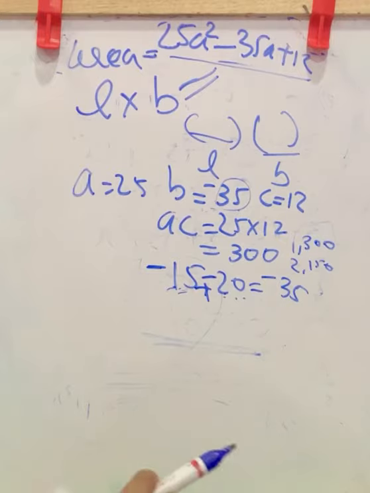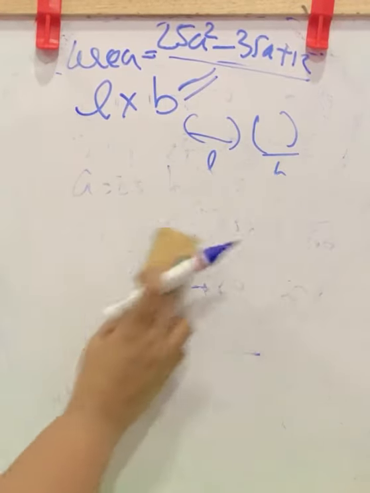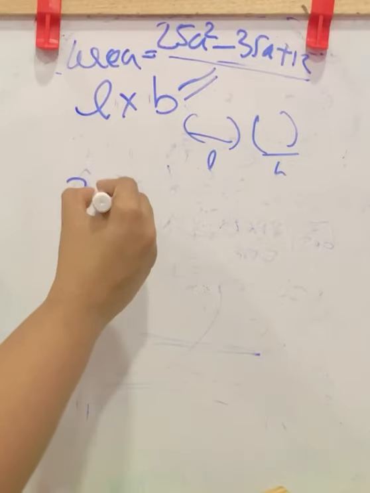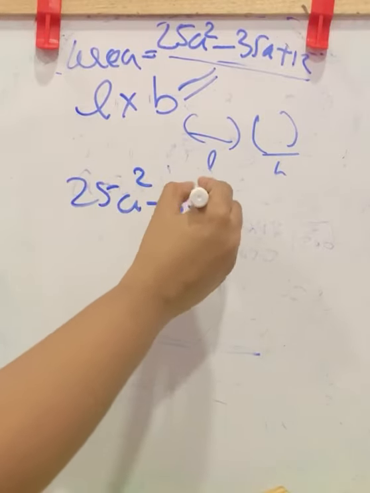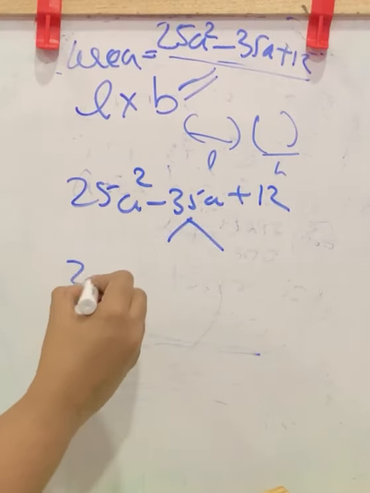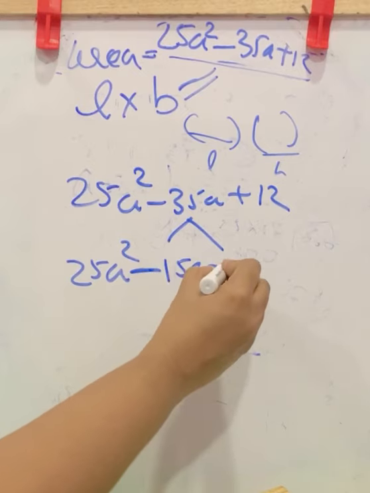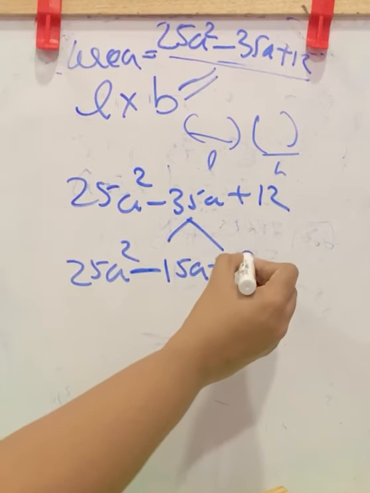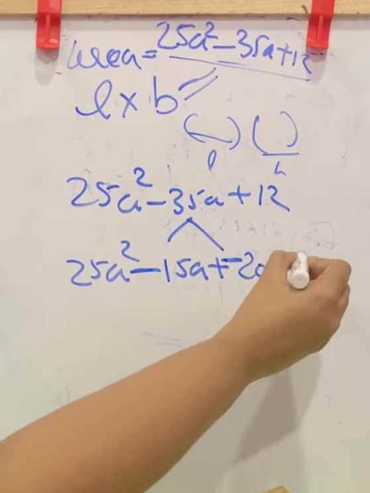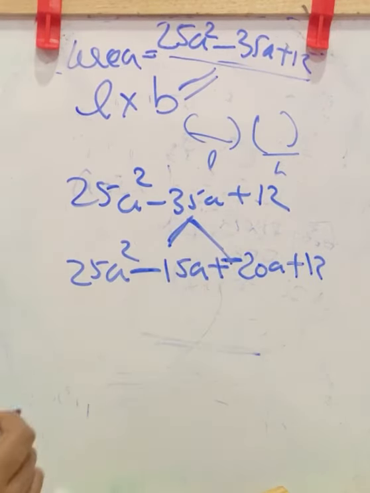We are splitting this as minus 15 and minus 20. Let us check. This was the question, 25a square minus 35a plus 12. Here this we split to minus 15a plus minus 20a plus 12.